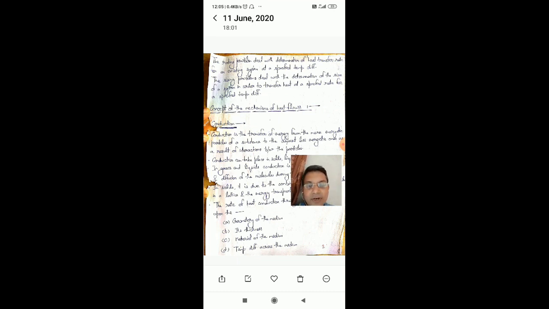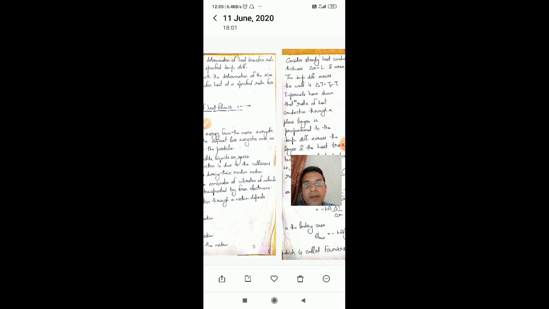And if the temperature difference is much larger, for example, at one end it is 100 degrees centigrade and at the other end it is 5 degrees centigrade, then because of the temperature difference the heat will flow faster.